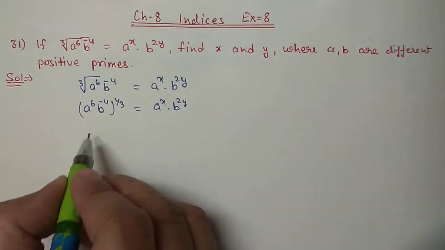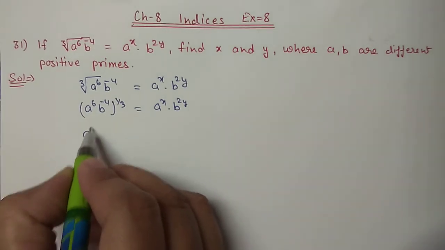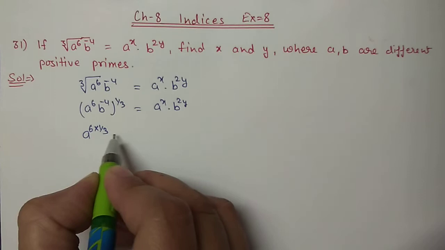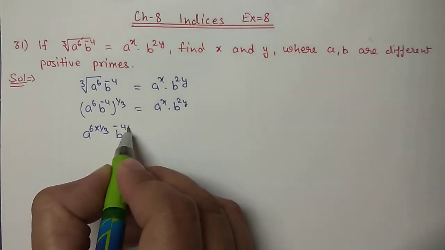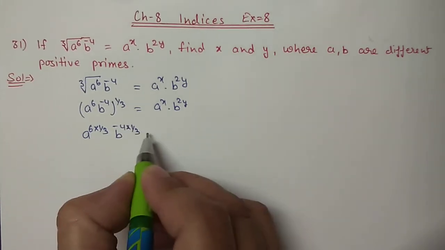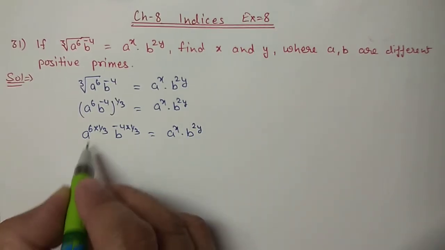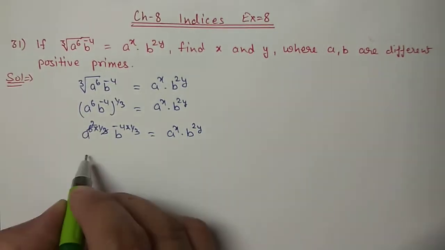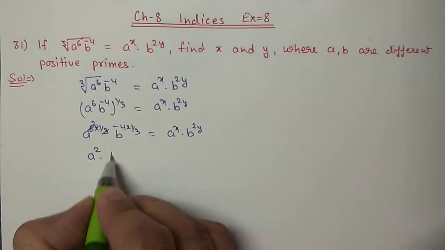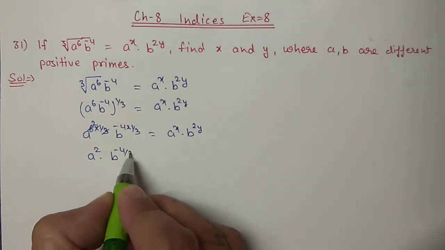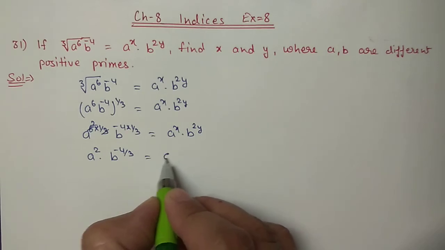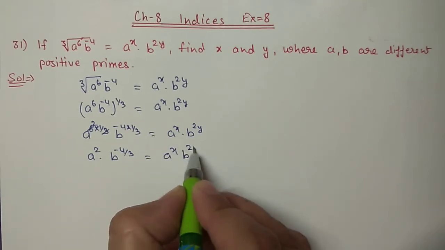Power to the power means we multiply: a to the power 6 into 1 by 3, b to the power minus 4 into 1 by 3, equal to a to the power x b to the power 2y. Here we can cancel out: a to the power 2 b to the power minus 4 by 3 equal to a to the power x b to the power 2y.